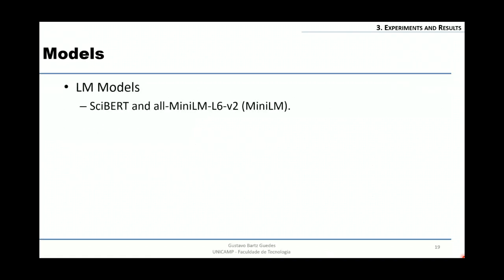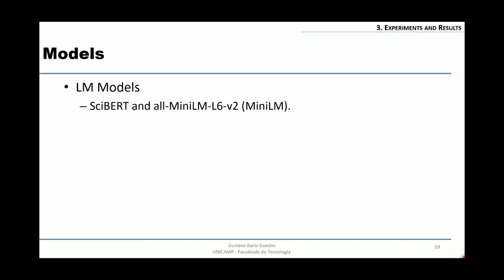So we took two language models to fine-tune. The first one is SciBERT. SciBERT is a pre-trained transformer model that was pre-trained on more than 1 million scientific articles. So this is a BERT model from the domain of scientific articles.